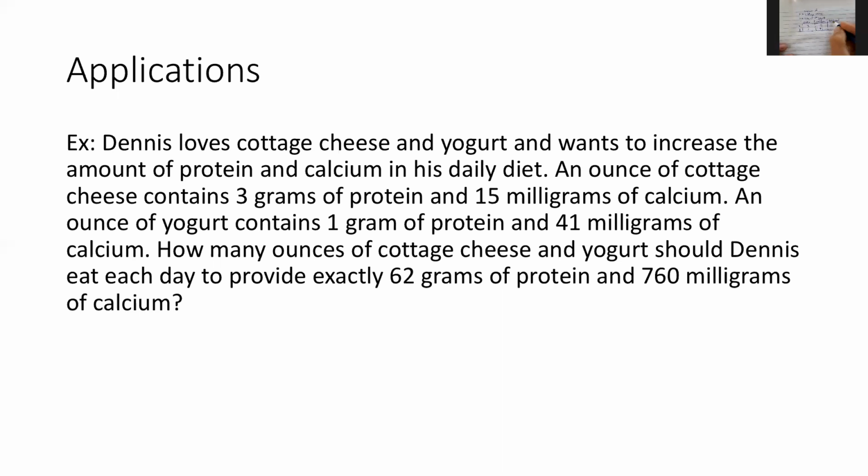And let me put the total needs along here. Because if you think about it, what our constraints are talking about is the total amount of protein needed, right? So total amount of protein needed is he wants to have 62, right? And he wants to have 760, and I'll put milligrams and grams here just so that it's a little more clear.